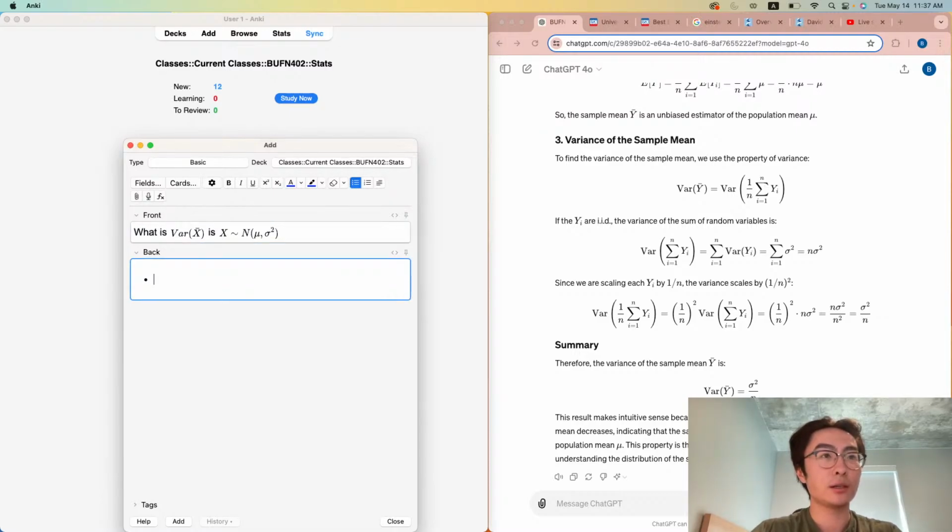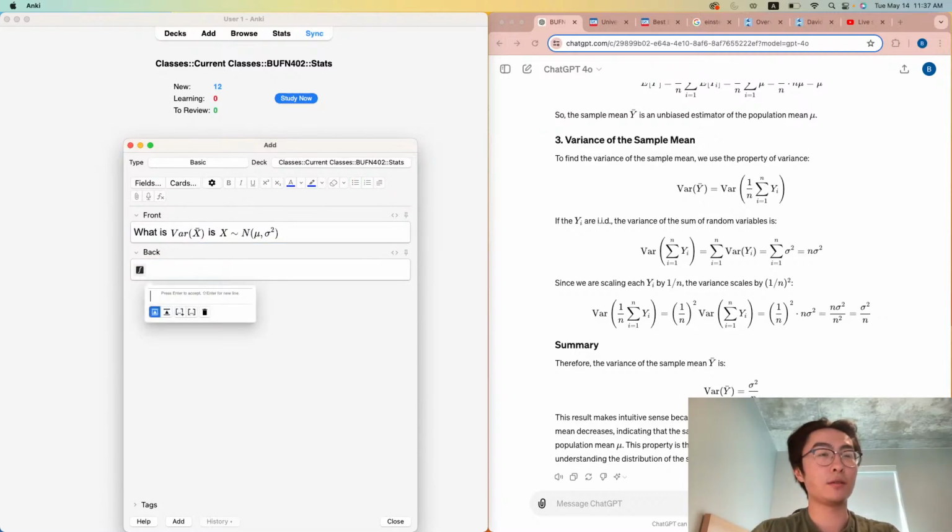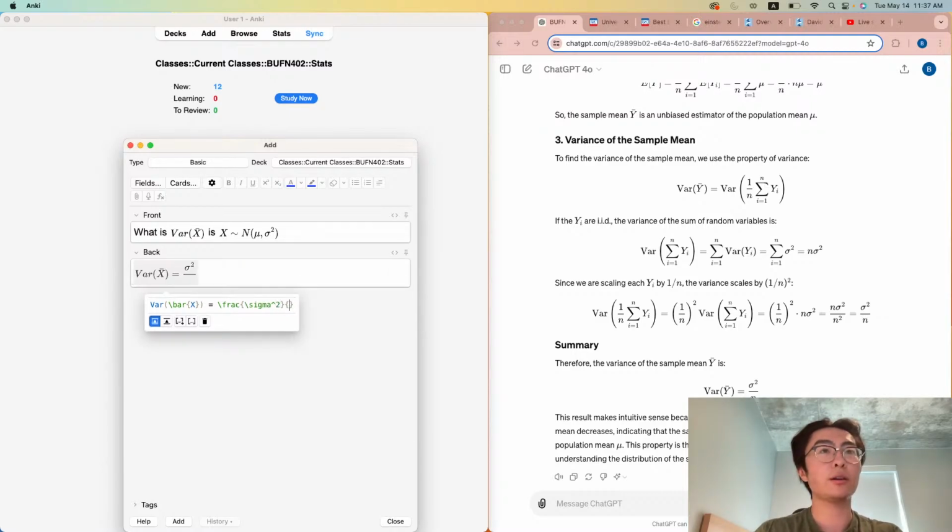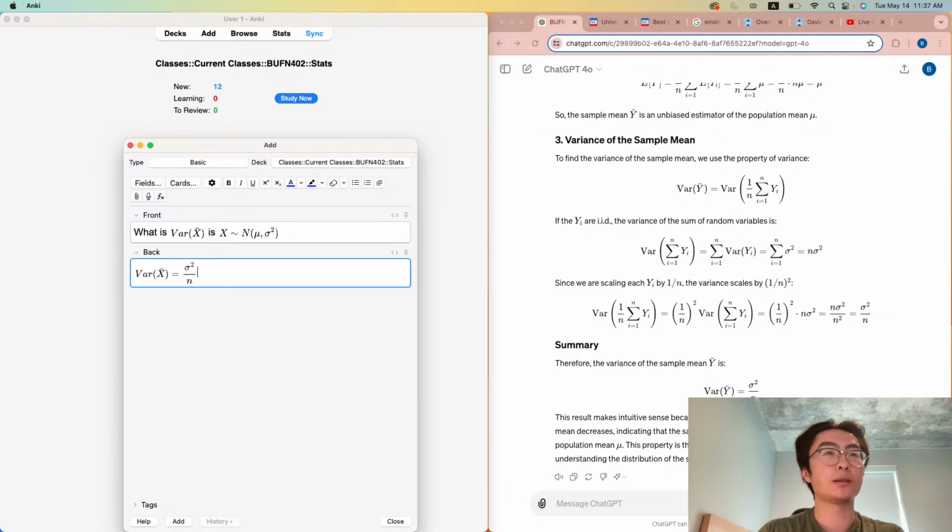So let's see here, the variance of bar x is equal to sigma squared, and then we have n. Actually, let's copy this.